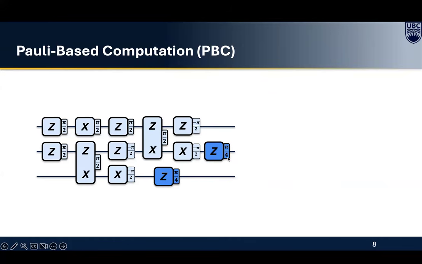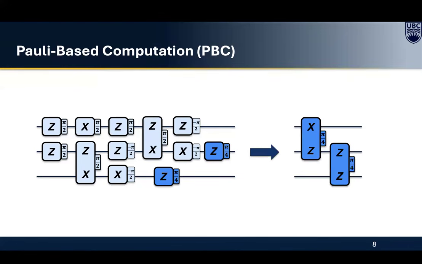So we can commute through them, and those Clifford rotations will all be at the end of the circuit. Once they are at the end of the circuit, they can be merged into the measurements. So there's no cost associated with any of those Clifford rotations.